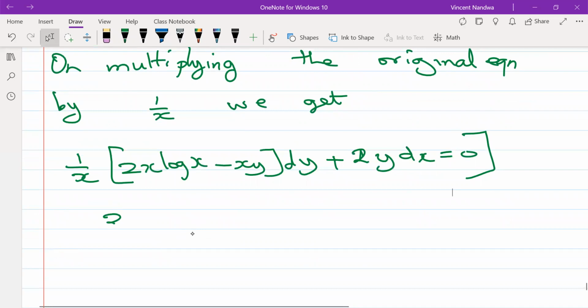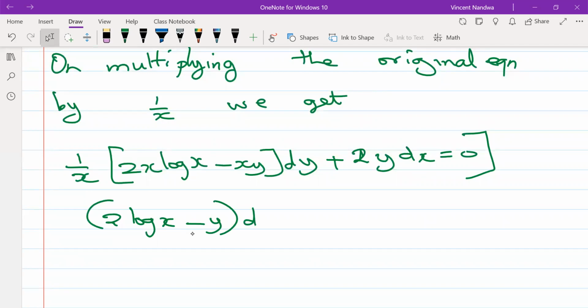So the first will give us 2 log of x minus y dy plus 2y over x dx equals to 0.